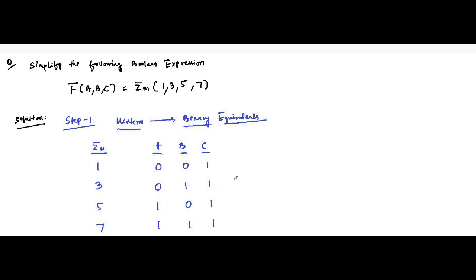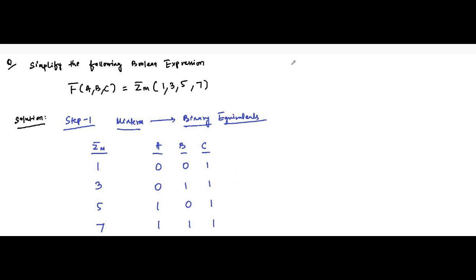So if you remember the basic concepts related to sum of products, product of sums, minterms, maxterms, I've already discussed in detail in the previous videos. So you can check the digital electronics playlist for that.